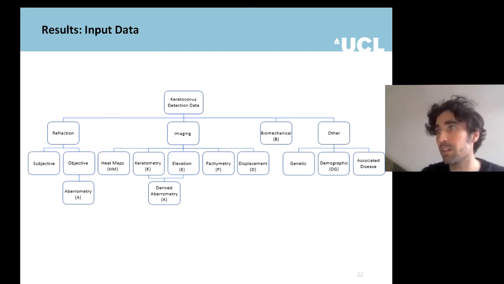There's imaging data, which is, as it sounds, taking images of the cornea using things like the Pentacam or optical coherence tomography. There's biomechanical data, which involves seeing how the cornea deforms in response to some kind of force, like a puff of air. And there's also other forms of data, such as genetic data, demographic data, such as age, sex, ethnicity, and also associated disease, such as allergies.